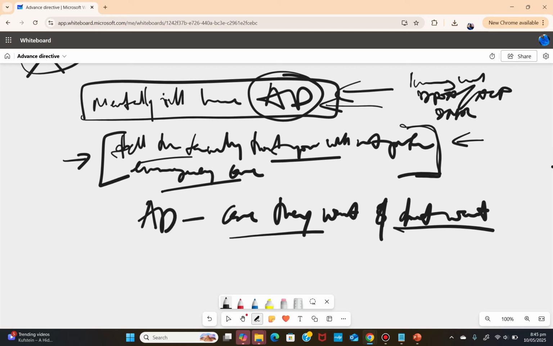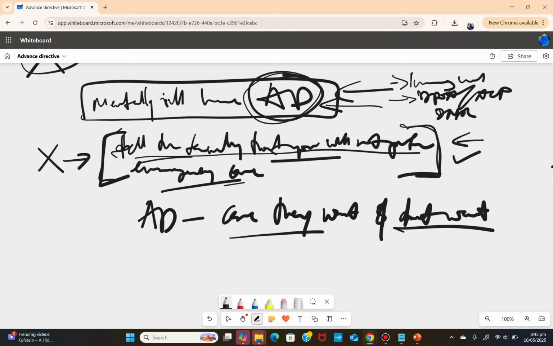So since you don't know what is in the advanced directive, whether they have a durable power of attorney or a living will, why do you want to do this, knowing fully well you don't even have the information in the advanced directive? The NCLEX just tells you that they have an advanced directive. So this answer will be wrong until the NCLEX tells you what is in the advanced directive. That is when you can select this answer. So don't make mistakes on the NCLEX exam, right?